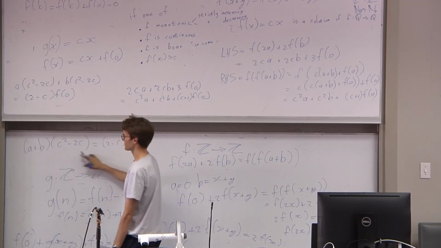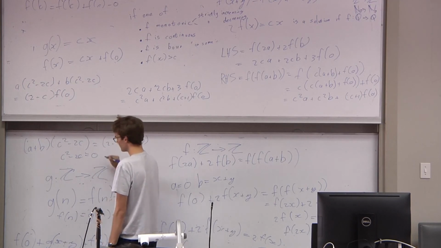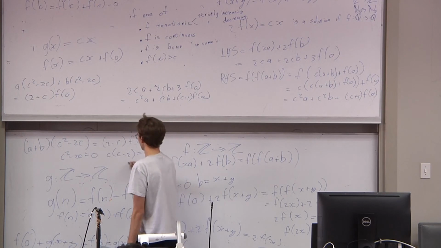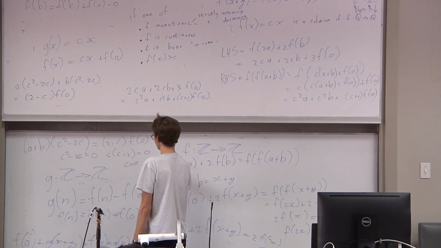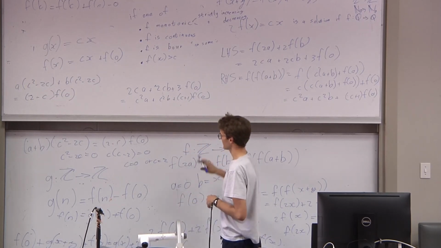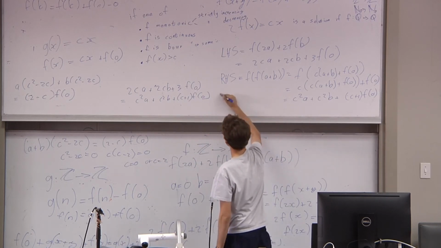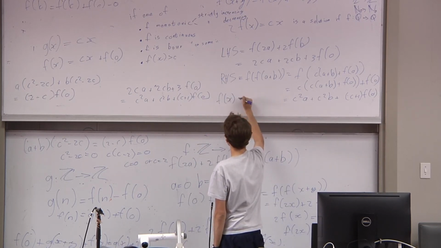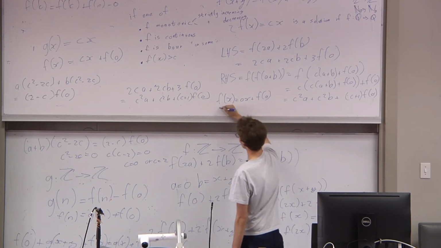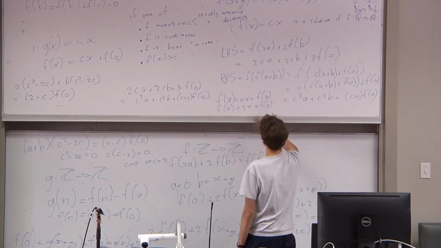So the only case where this is true is if c squared minus 2c is equal to 0, which you can factorize to get c times c minus 2 equals 0, so c equals 0 or c equals 2. And from there you get that f of x must be 0x plus f of 0, or f of x must be 2x plus f of 0.